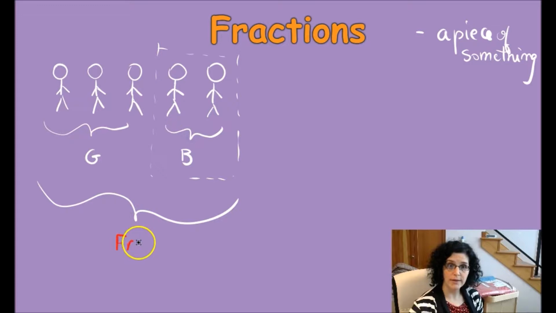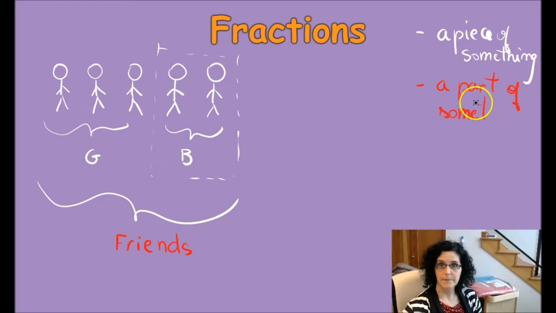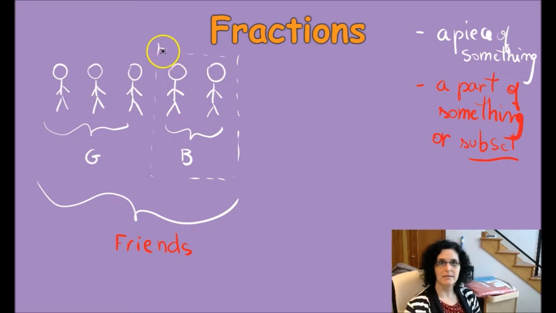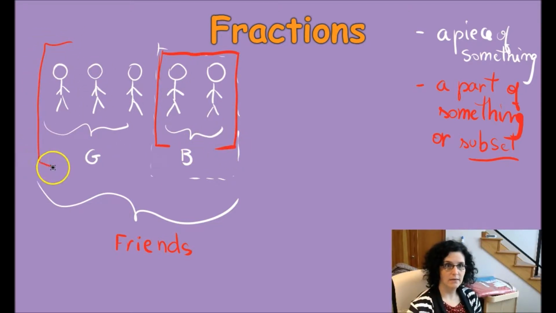The number of boys will be a fraction of my total group of friends. So it doesn't have to just be a piece of something, it can also be a part of something, or a subset. What does subset mean? It means a set of people that is inside another set. That is a fraction as well.